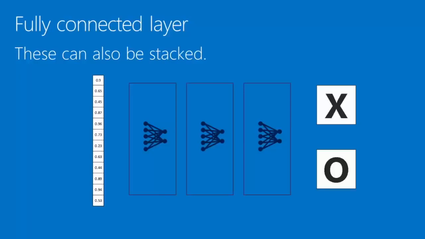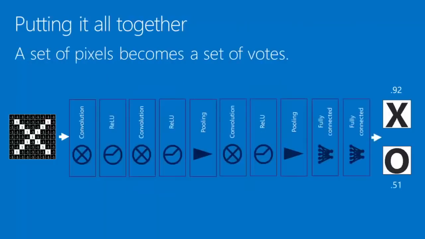And you can stack as many of these together as you want also. But in the end, they all end up voting for an X or an O, and whoever gets the most votes wins. So if we put this all together, then a two-dimensional array of pixels in results in a set of votes for a category out at the far end.